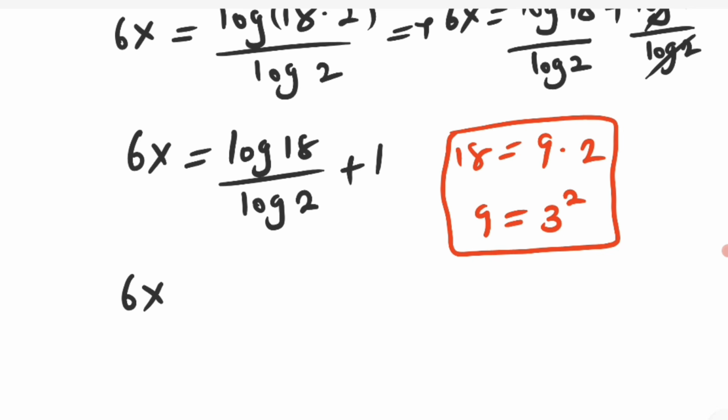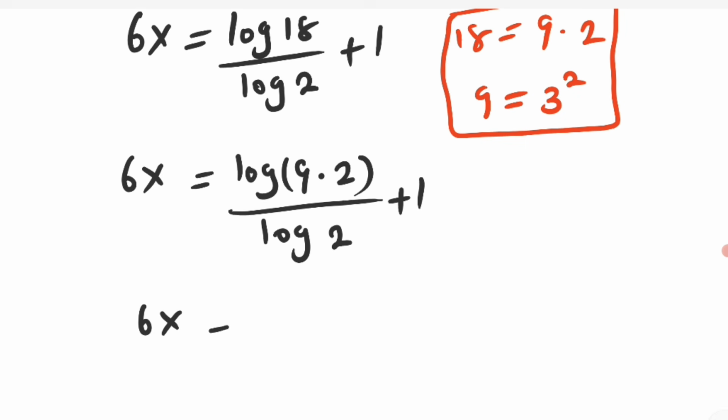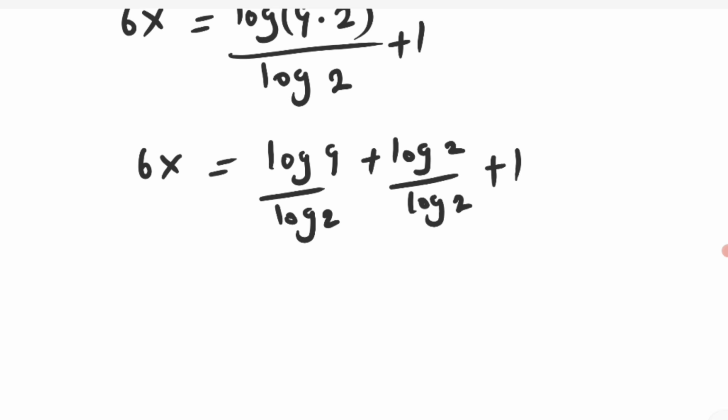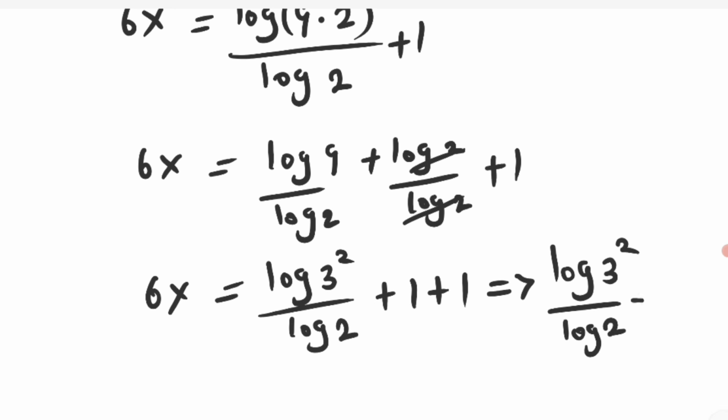Then we have 6x is equal to log 9 multiplied by 2 over log 2 plus 1. 6x is equal to log 9 plus log 2 over log 2 plus 1. 6x is equal to log 9, which is 3 squared, over log 2 plus this cancels this, we have 1 plus 1, which is the same thing as log 3 squared over log 2 plus 2.